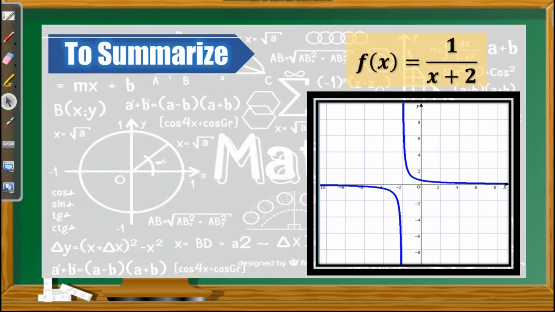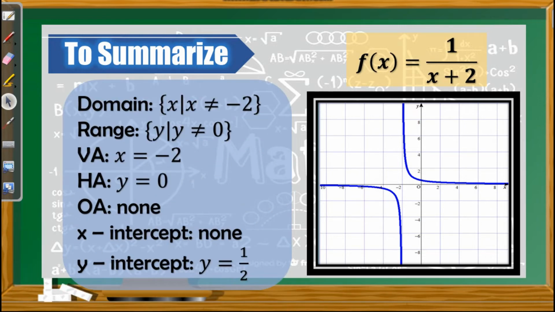To summarize all the properties for this given function, f of x equals 1 over x plus 2, we have the domain, which is x not equal to -2. To find this, once again, we look at the denominator and equate it to 0. As for the range, we have y is not equal to 0. Based on our graph, the graphs did not pass through 0 on the y-axis, therefore y is not 0.